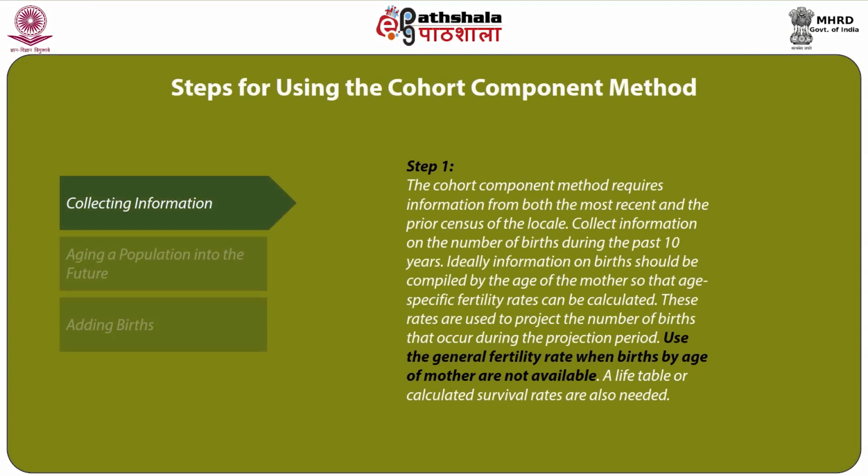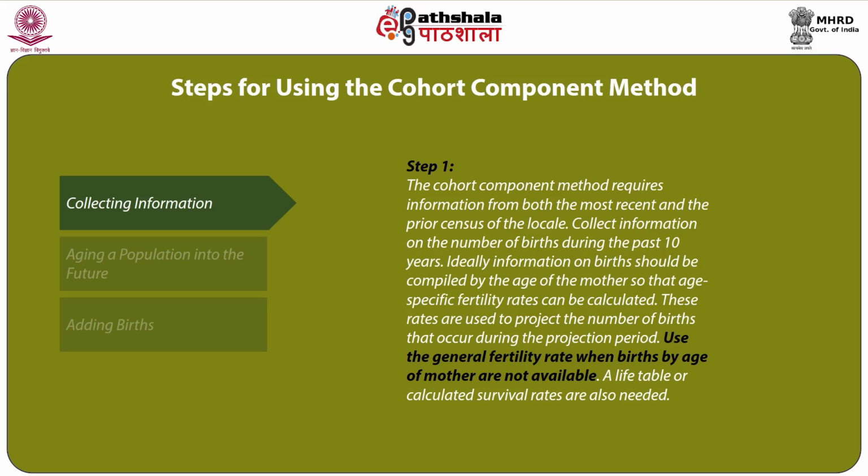What are the steps for using the cohort component method? Step 1. Collecting the necessary information. The cohort component method requires information from both the most recent and the prior census of the locale. Collect information on the number of births during the past 10 years.